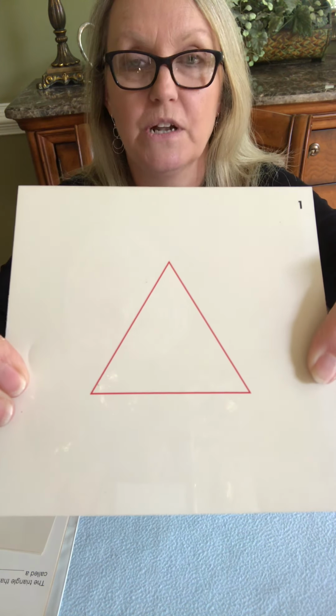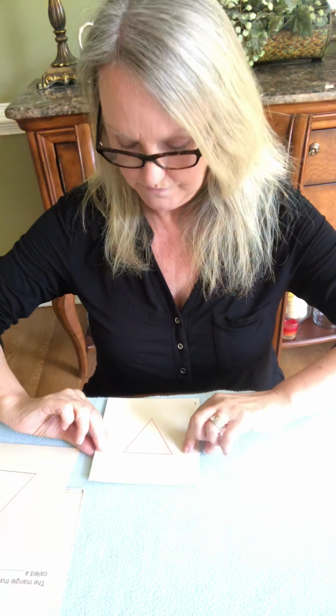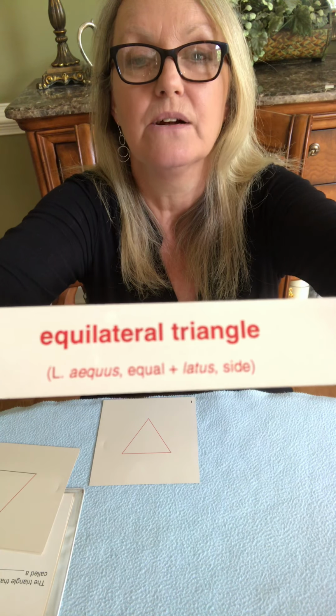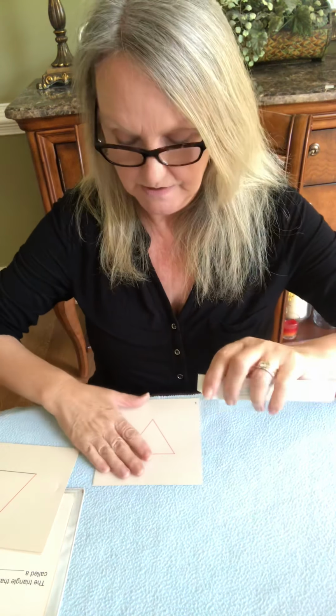Do you remember what we call a triangle with all the 3 sides equal? An equilateral triangle. Equilateral. So that comes from Latin, equus meaning equal, and latus meaning sides.